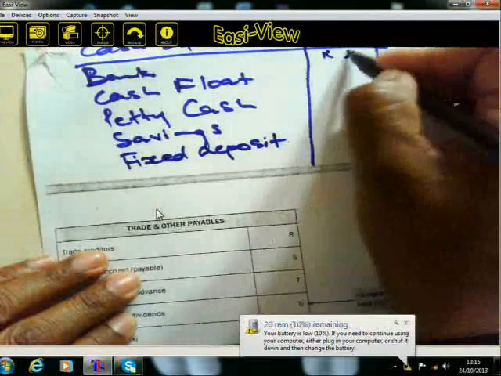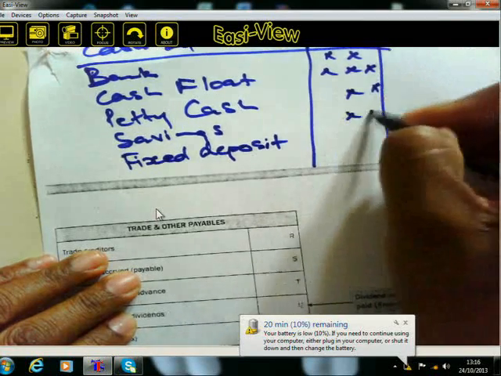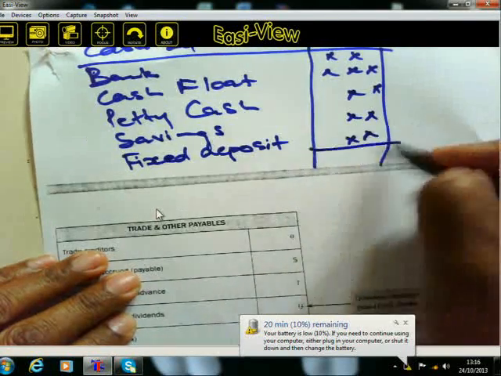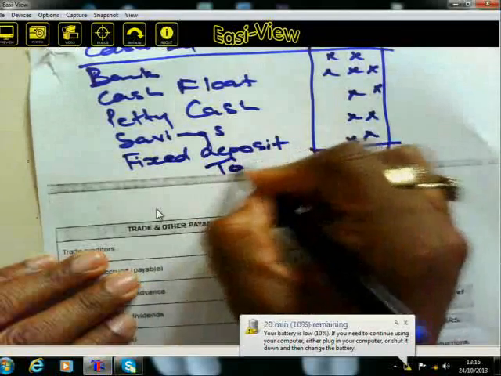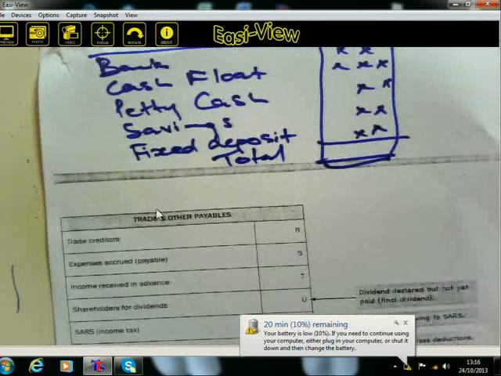Each and every one, you have indicated the figures for it, and then yours is just to add to get the total. That total will be the total for cash and cash equivalents.